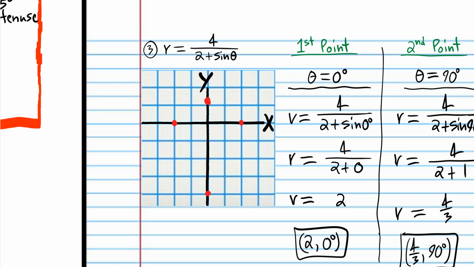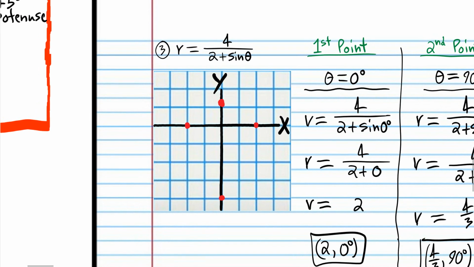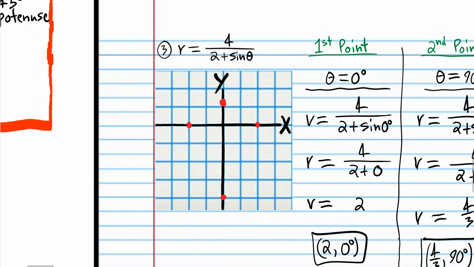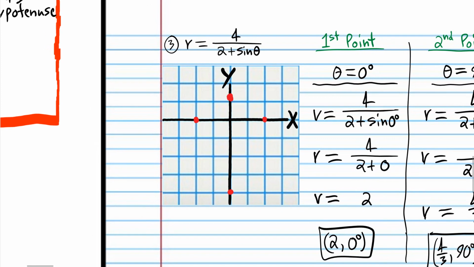So now you should have something that looks like an ellipse, and actually it is an ellipse. This is the polar form of an equation of an ellipse. So that gives us an idea of what the ellipse looks like.